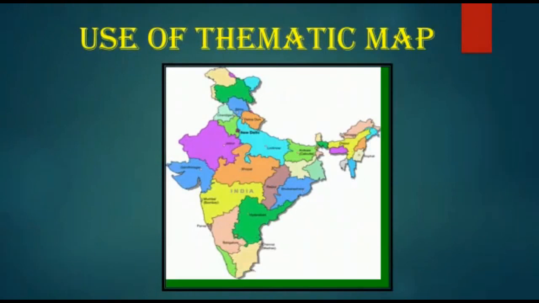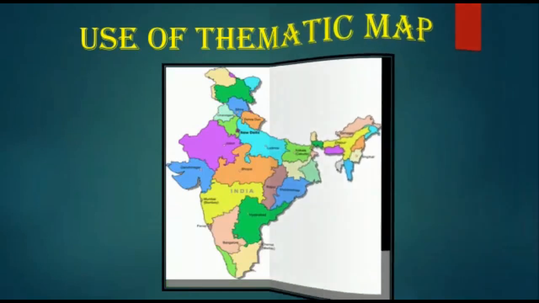Thematic maps are useful to explain the distribution of variables in the region. As you all know, in the previous slide we have studied variables such as rainfall, temperature and population. Such maps easily bring out the patterns of distribution.